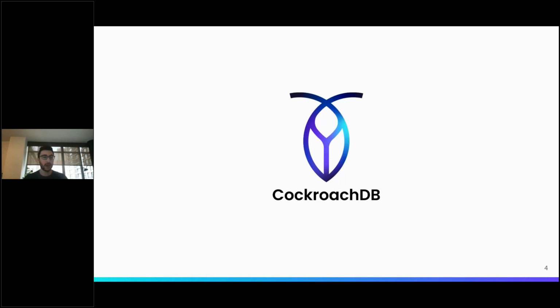Cockroach was originally inspired by Google Spanner, and I think that's a good place to start in this talk because I imagine that many in the clock community are familiar with Spanner. But for those who are unfamiliar, Spanner is well known for its use of atomic and GPS clocks, which is packaged into something it calls its True Time API.